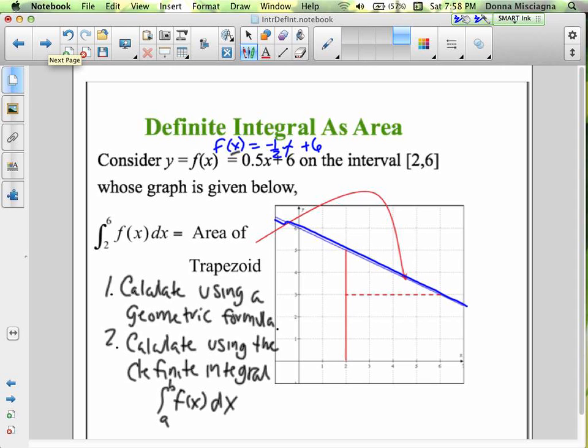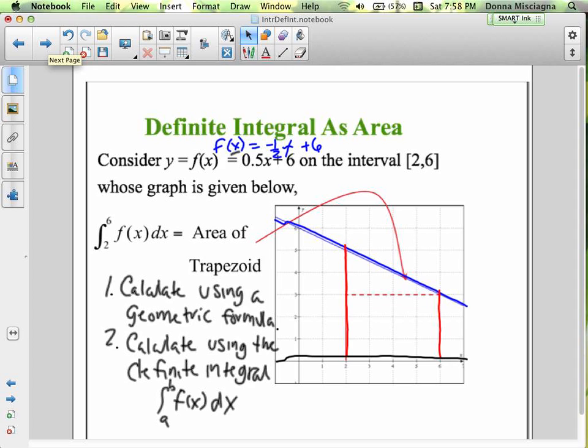We don't care about anything before 2, because our limits of integration are from 2 to 6. And here of course is the x-axis. So we can calculate this one out as an area.